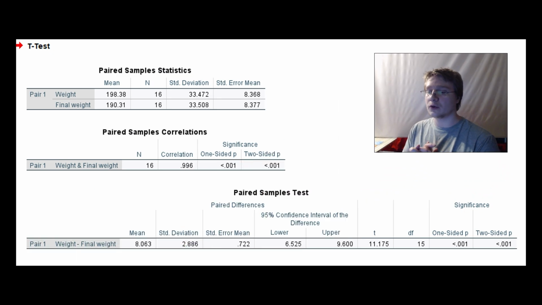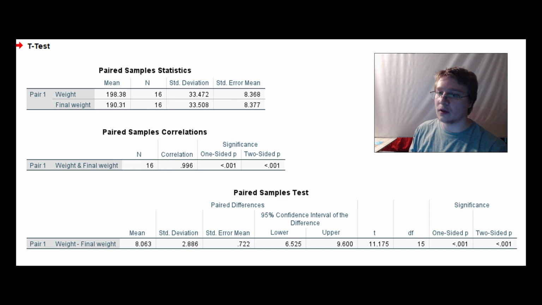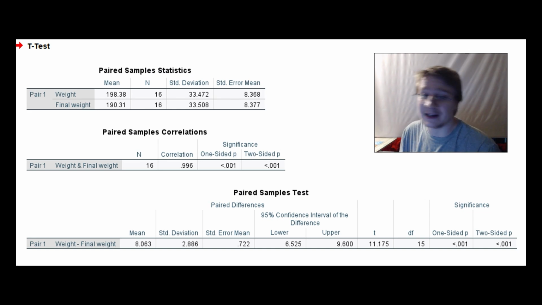Okay, so once again, we're going to look over there to our weight mean of before and after. Just by looking at that, hey, look, the group lost 8 pounds. Pretty cool, based off the mean.